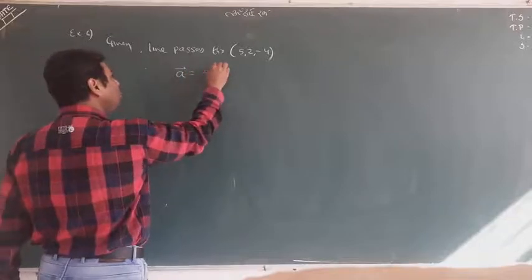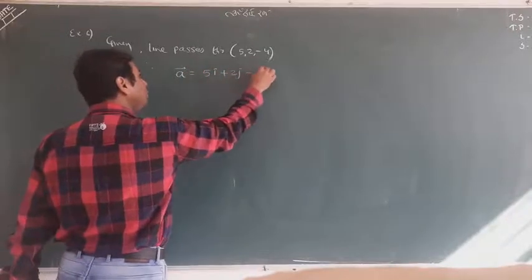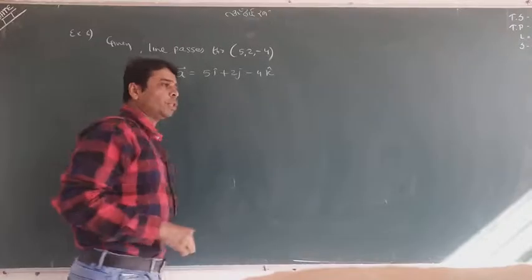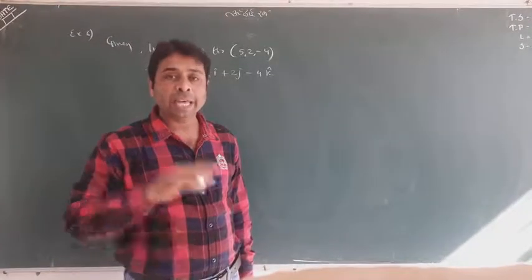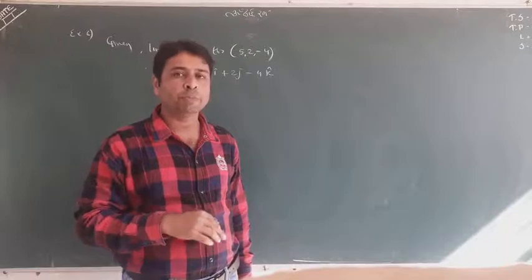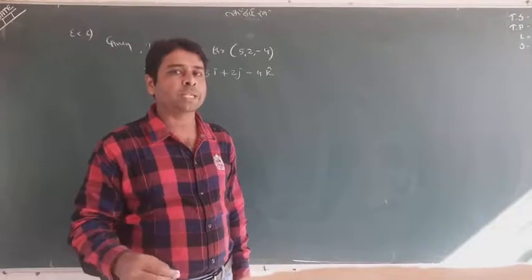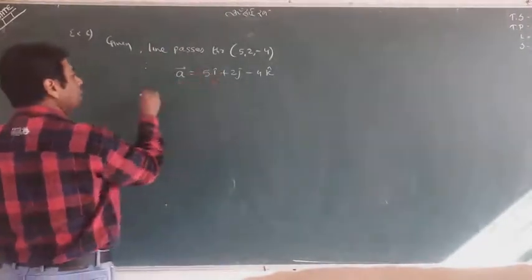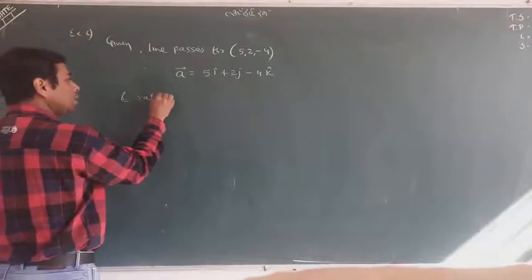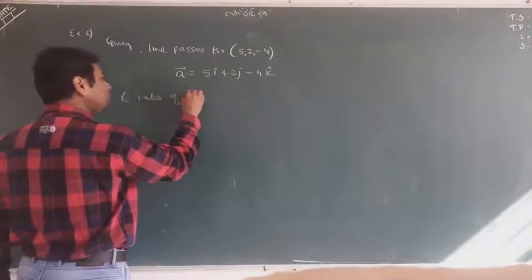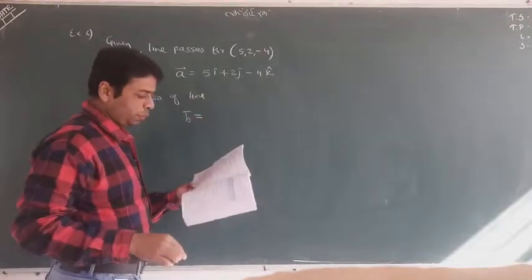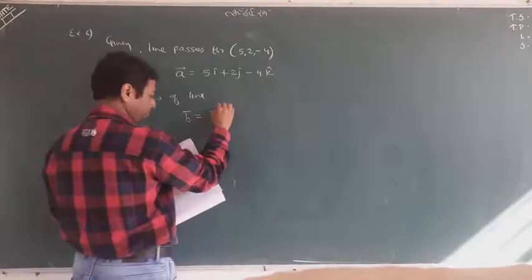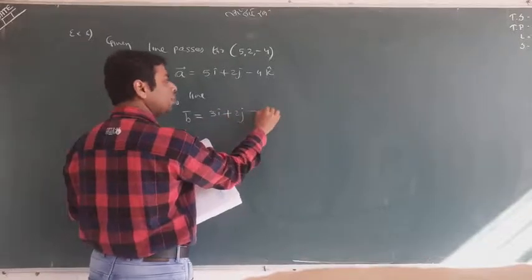You should remember when we talk about the vector equation, the vector equation of line is r equal to a plus lambda b, where a is a position vector of the point by which line passes, which is a, and the ratio of line already given, we say it is b, 3i plus 2j minus 8k.